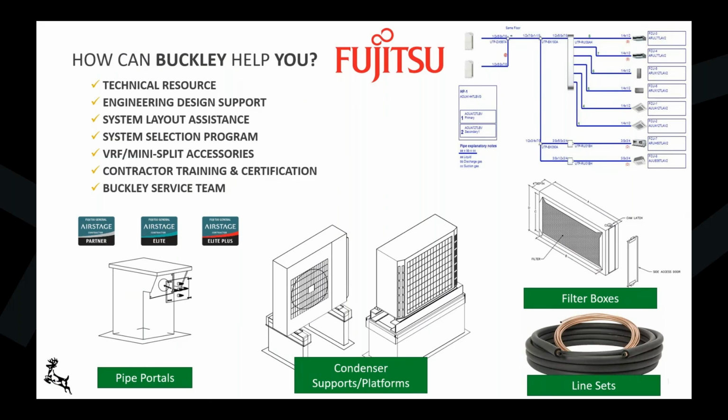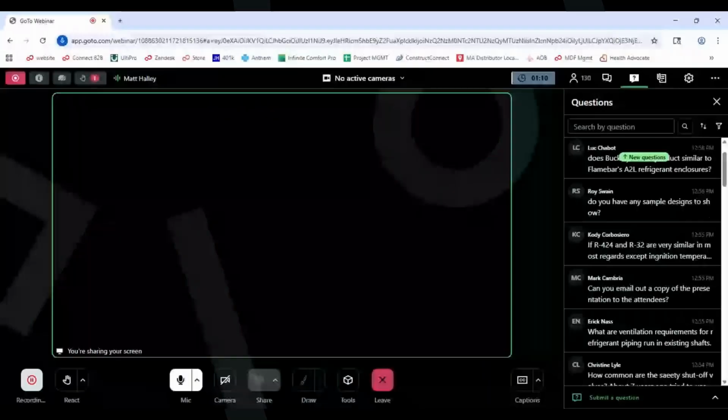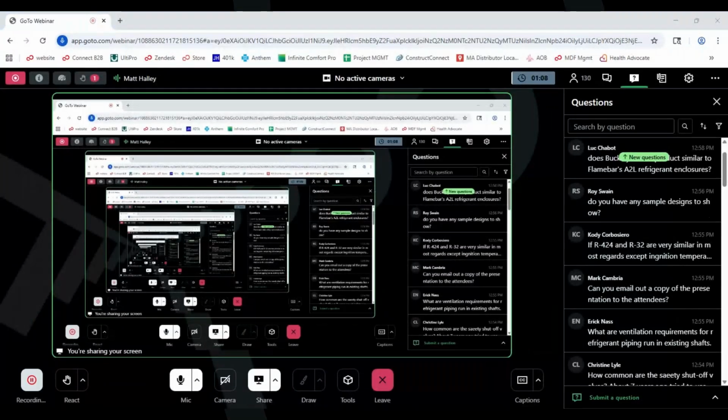R454B and R32 are very similar in most regards except ignition temperature, why would I pick one over the other? I hate to say this, but you might be talking about R454B versus R32. There is a reason to go to R32 over R454B, which was kind of highlighted through the presentation.